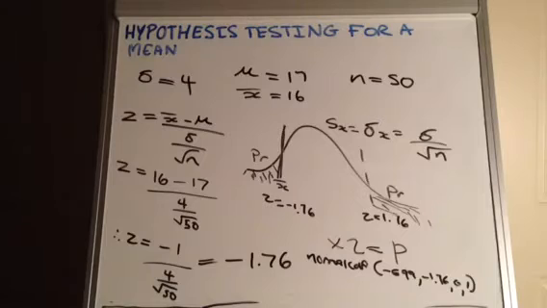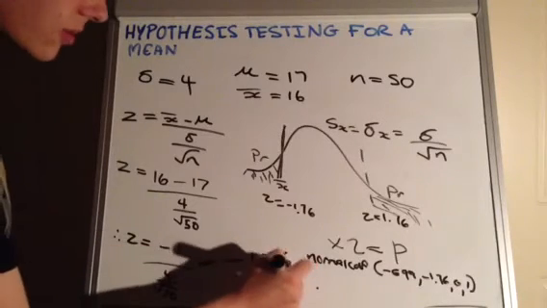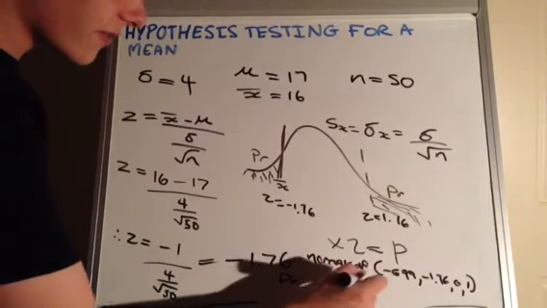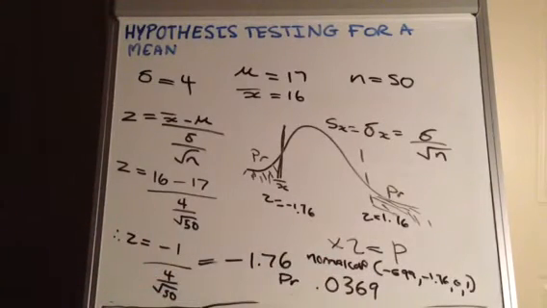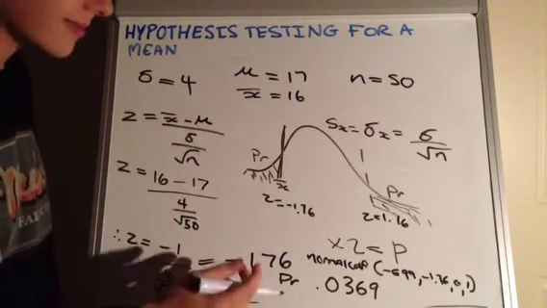And as a result, we go to second function distribute, normal CDF, type in these values to work out the p-value, the significance level. And as a result, we get the probability is 0.0369, and that's less than 0.05, which is the significance level we're looking at.